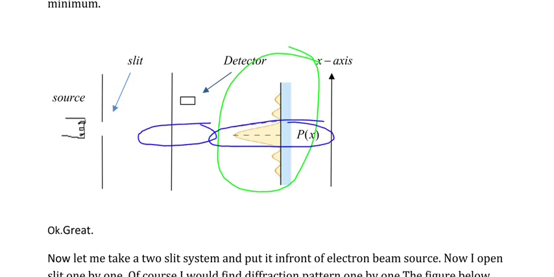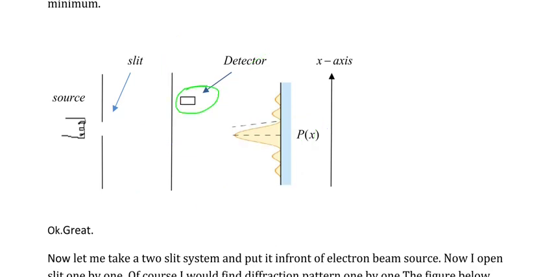Here you find the maximum number of electrons, and as you go up this side or down this side, the electron intensity decreases. I mean, if you move the detector up or down, the number of electrons detected by the detector is less.